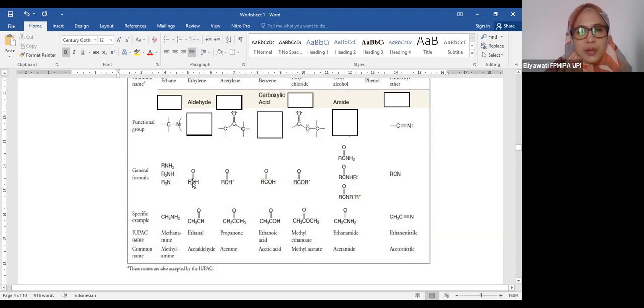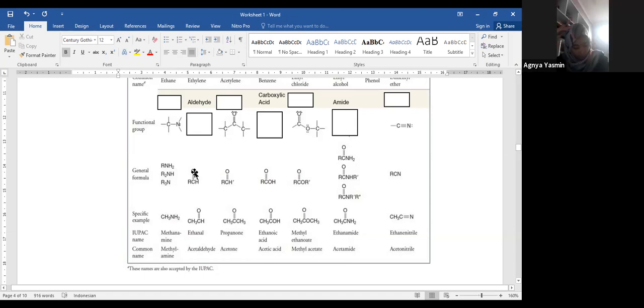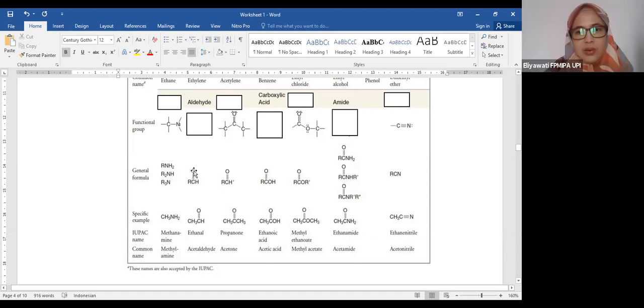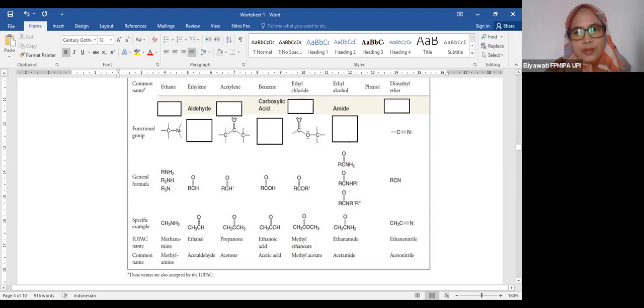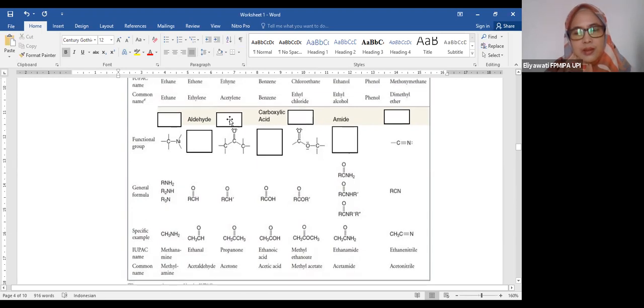The functional group is COH, like this, and you write a dash here, COH. Then next, this one, what is it? Ketone.